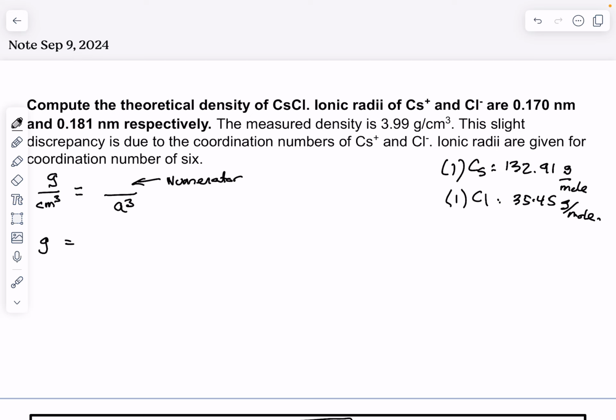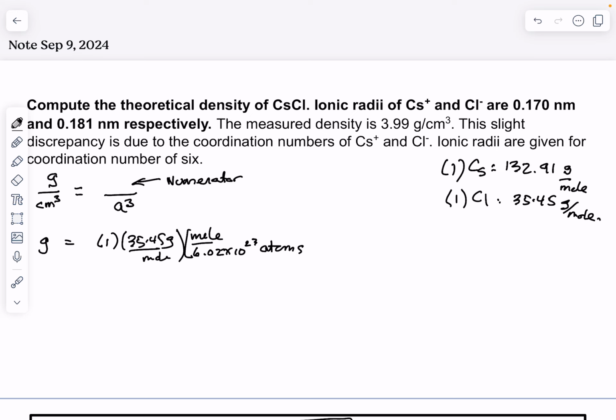So the mass inside the unit cell is going to equal... Let's do chloride first. So 1 chloride ion times 35.45 grams per mole times a mole for 6.022 times 10 to the 23rd atoms.